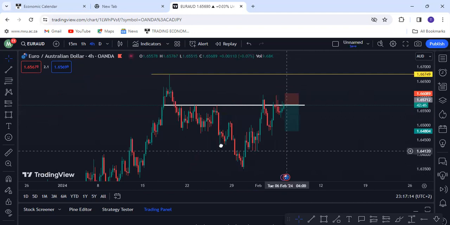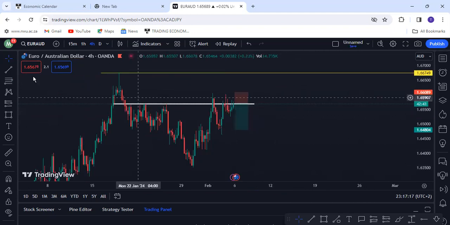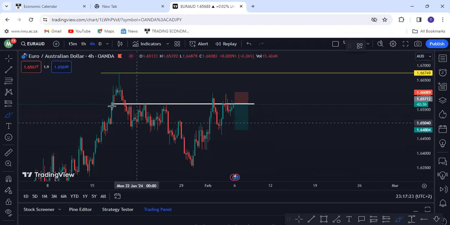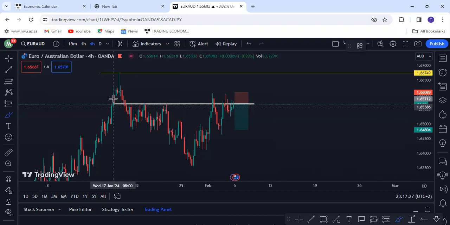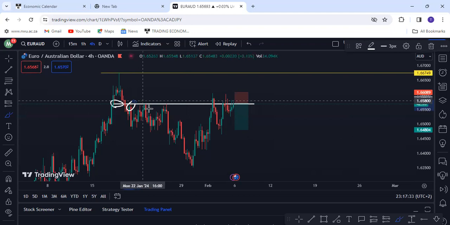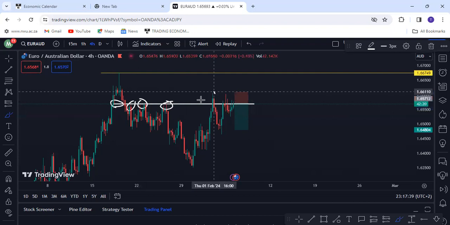In this structure, we've got multiple levels of support and resistance, and we know that traders use support and resistance to initiate their trades. So we have support here, as you can see, and then we've got resistance here, resistance here, resistance here. And then we've got a breakout of that zone.